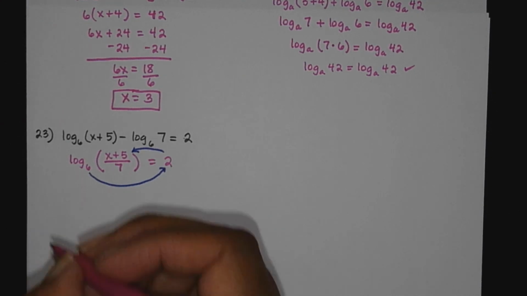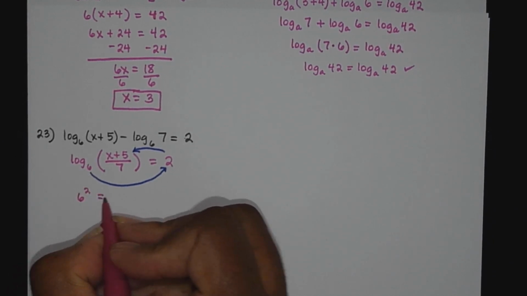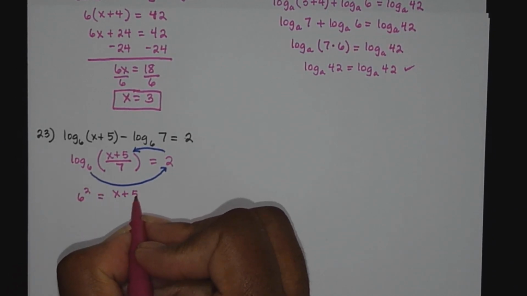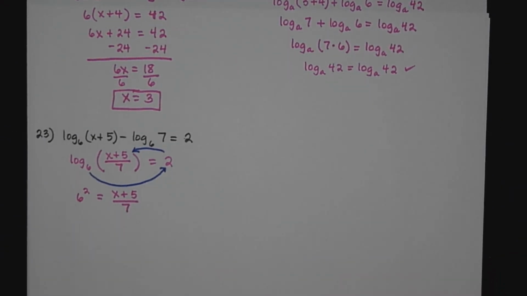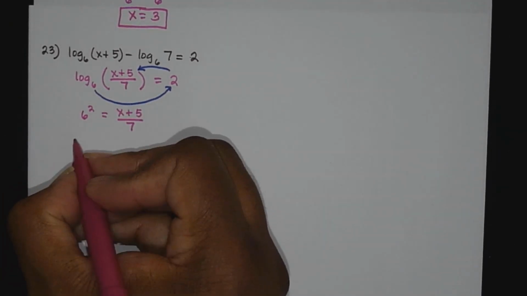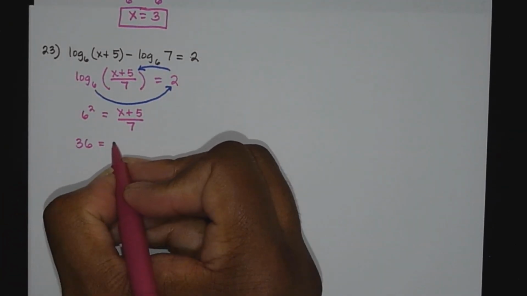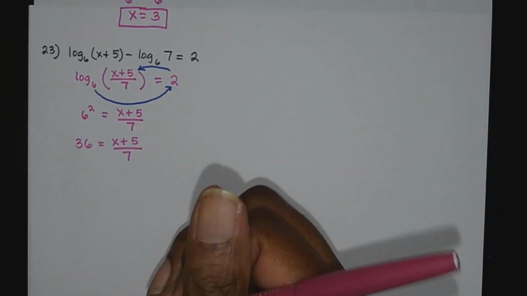We're converting a logarithmic equation into its equivalent exponential form. So it'd be 6 squared is equal to x plus 5 over 7. Simplify this. 6 squared, or 6 times 6, will be 36, is equal to x plus 5 over 7.